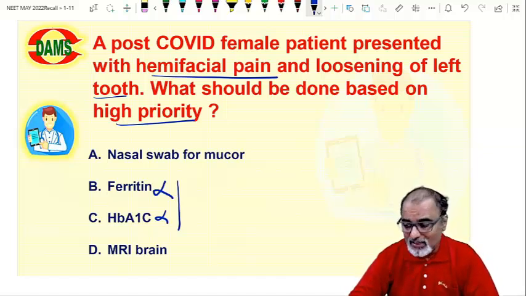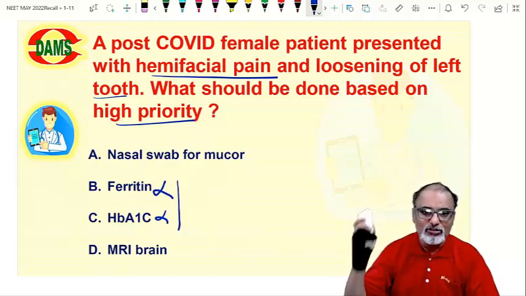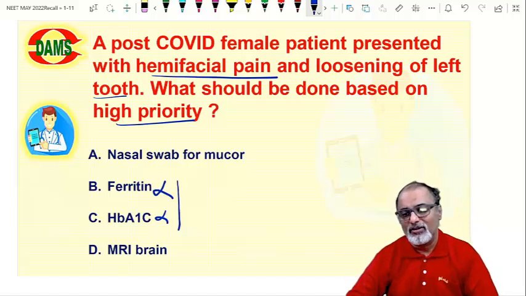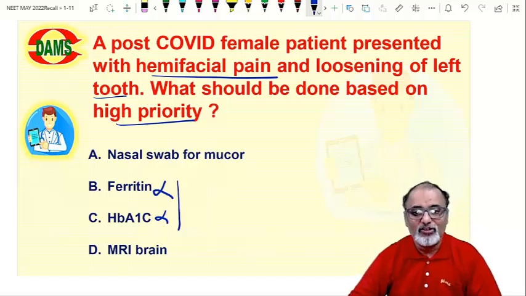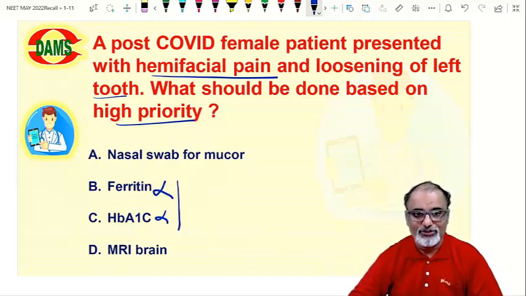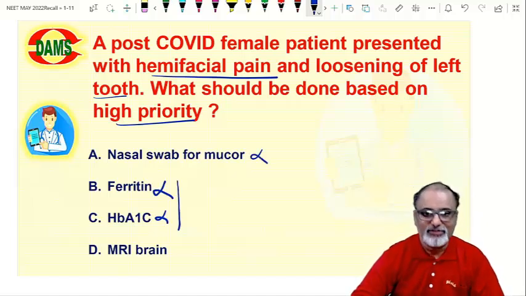They may tell the predisposition, whether the patient is susceptible or not. If HbA1c is high, then uncontrolled diabetes or diabetic ketoacidosis; if ferritin level is high, this may give input that the person is more prone or more susceptible to get mucormycosis.